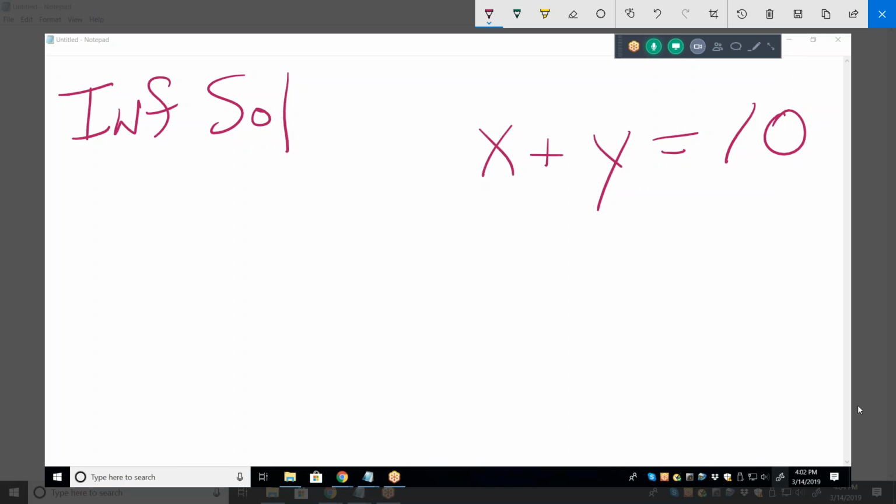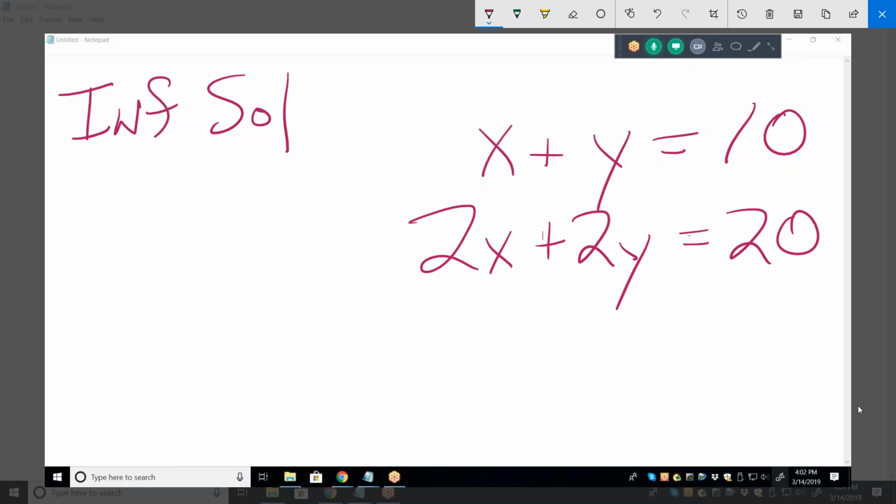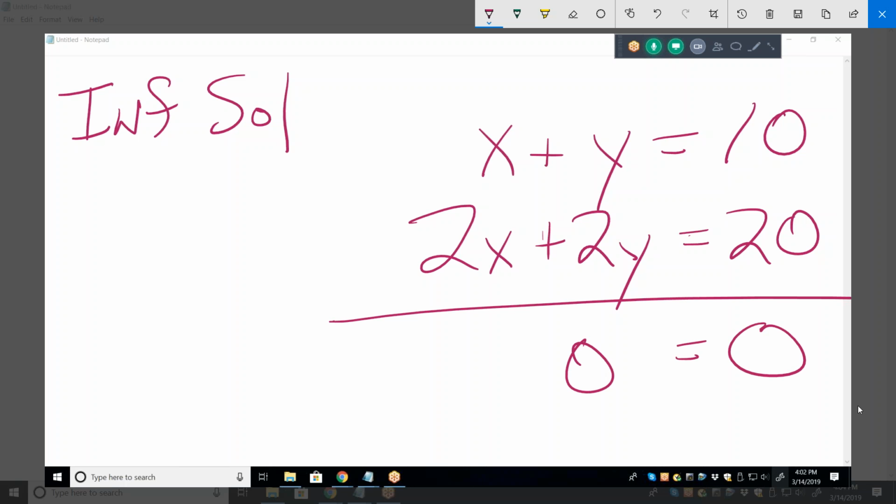So if I add a second equation to that, it is not really a second equation. What it is, is just a multiple of the first equation. With me? Yep.